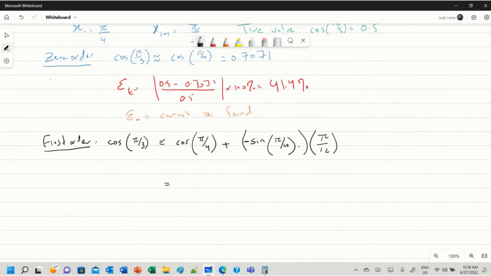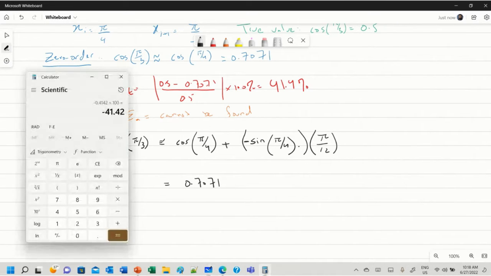which is pi by 12. Cosine pi by 4, we have already seen, is 0.7071. Sine pi by 4, and the sine of this number again is 0.7071, multiplied by pi divided by 12.